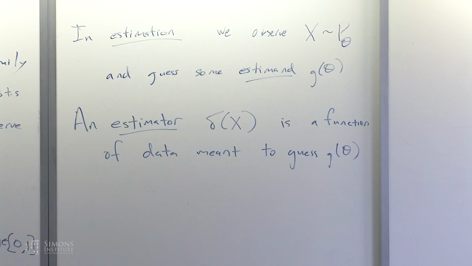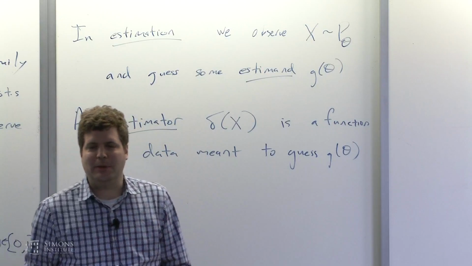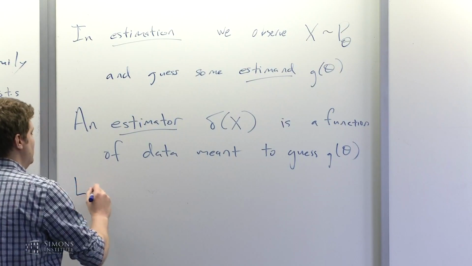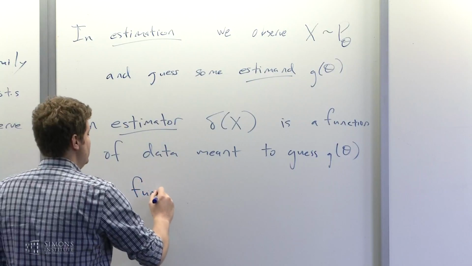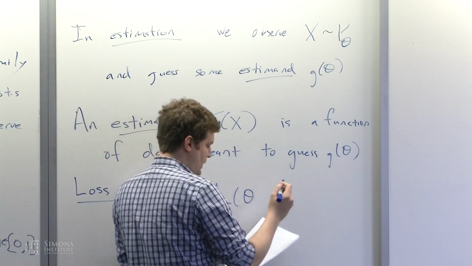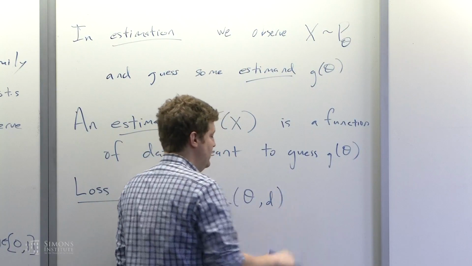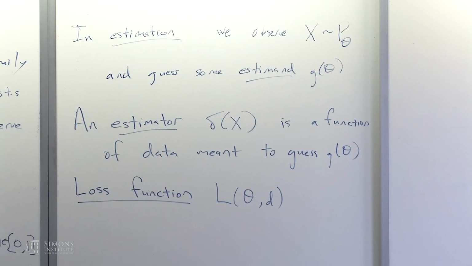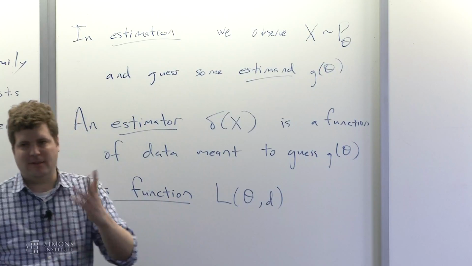So to start thinking about how we might come up with a good estimator, we have to start off by saying, well, what would make us happy? What aspect of a guess would actually make us happy? So the next thing we define is a loss function. L of theta, d is just a function, so whatever the parameter was and whatever we happen to guess for g of theta, the loss function is like minus the utility function.